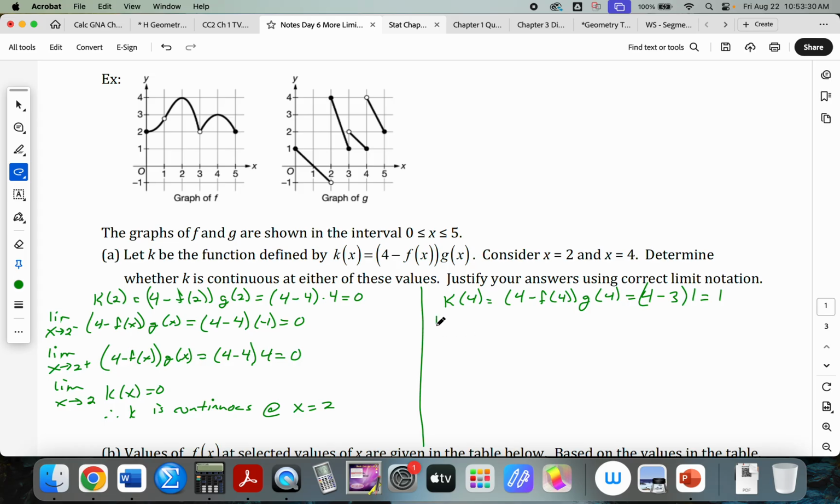So now we need to look at the limit. So the limit as x goes to 4 from the left of k of x. I'll just call it k of x the first time, and then I'll go ahead and start working on it. So that's going to be the quantity 4 minus, as we approach 4 from the left, f approaches, oh, sorry, approaches 3.